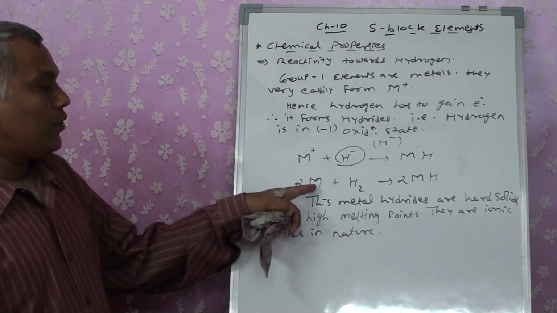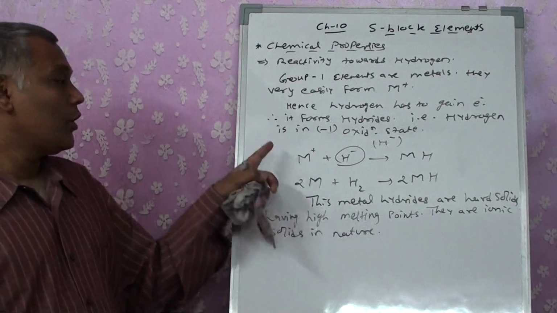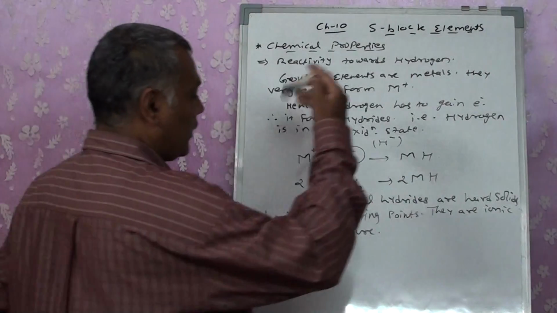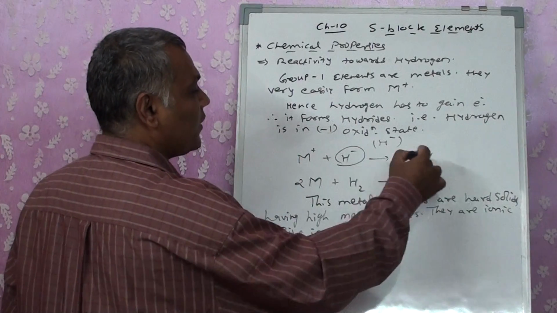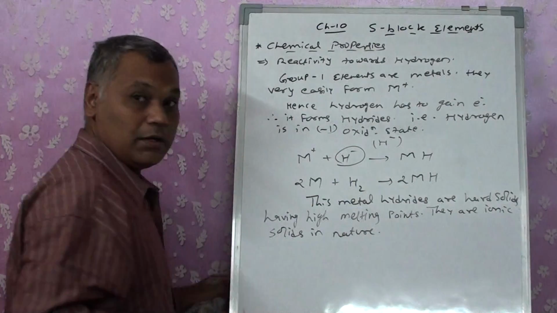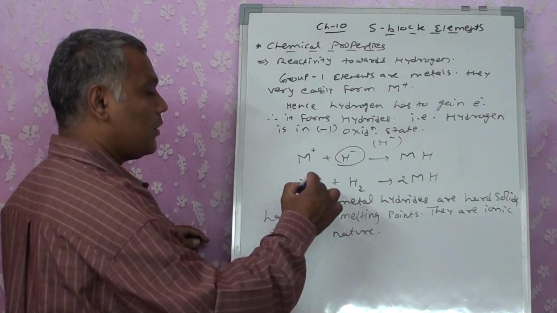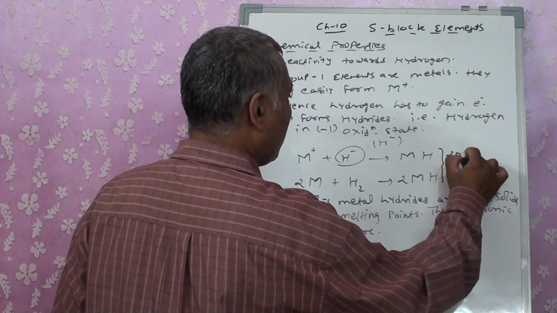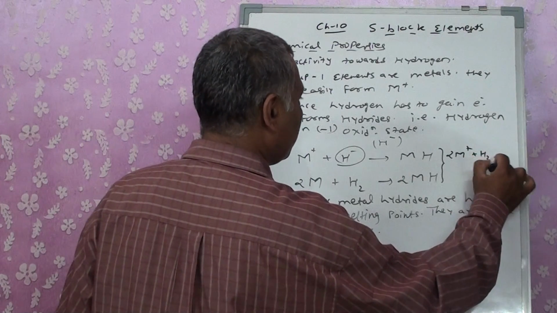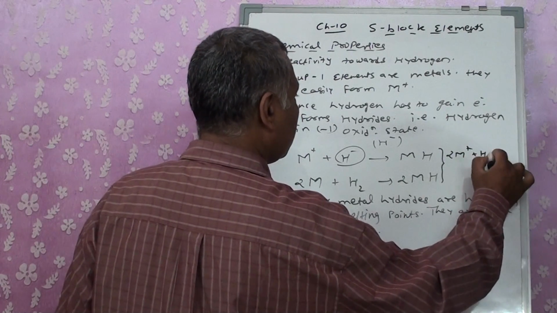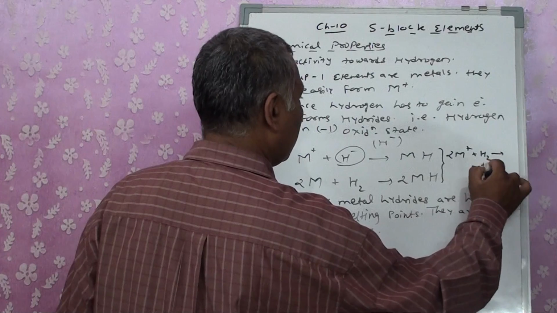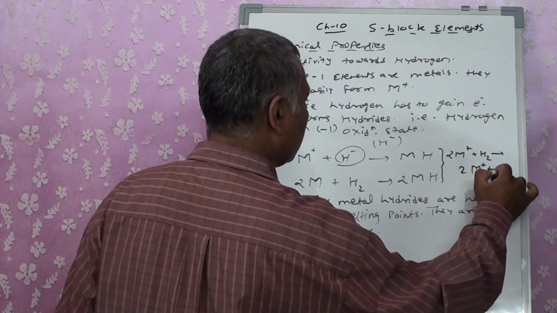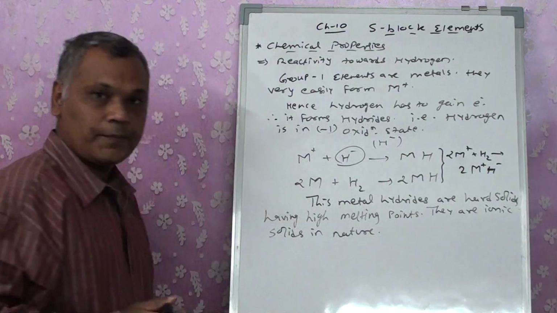We get 2M + H2 gives 2MH, or you can also write it as M+ + H- gives MH. Or again, I can write the reaction as 2M + H2 gives 2M+ + 2H-, right?